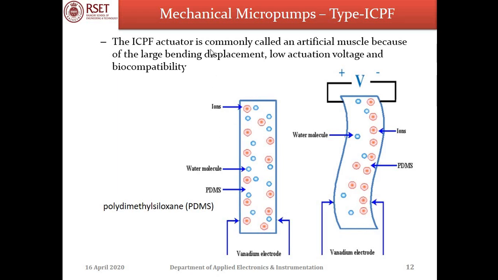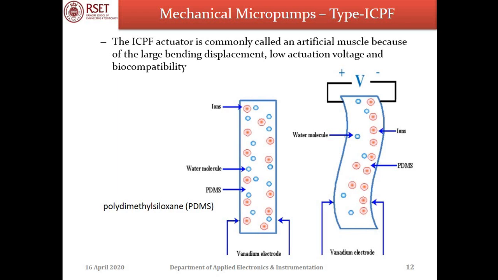Now ICPF actuator is commonly called an artificial muscle because of the large bending displacement, low actuation voltage and biocompatibility. You can observe that the presence of an electric field causes the ions on both sides of the polymer molecule chain to move to the cathode. When you are applying an electric field, the ion with a positive charge will take some water molecules and move towards the cathode.